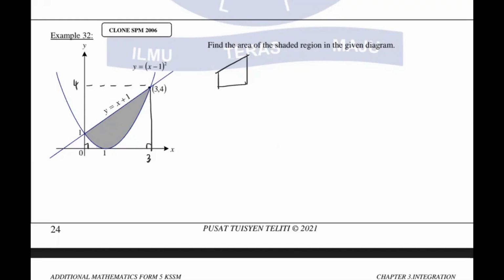You get a trapezium, am I right? Move the straight line down towards the x-axis. Where this is 0, this is 3, this is 1. So maybe I write this as 1, and this is 4. Perhaps I'll just write this as 3 because the length is now 3. Now, as for this curve here, when you integrate with respect to x, you're actually getting a shape like this, right?